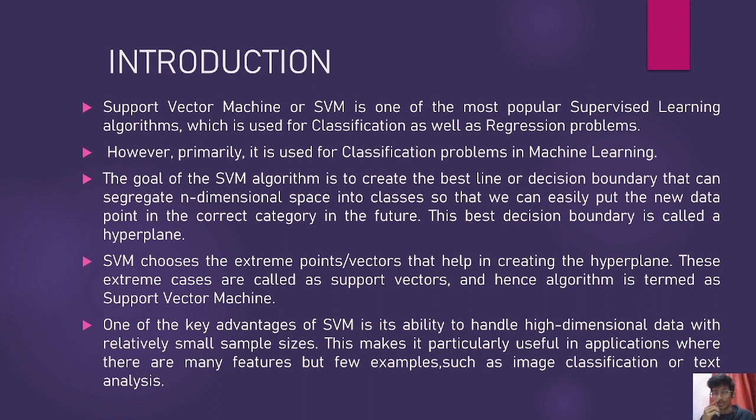The goal of the SVM algorithm is to create the best line or decision boundary that can segregate n-dimensional space into classes, so that we can easily put the new data point in the correct category in the future. The best decision boundary is called a hyperplane.